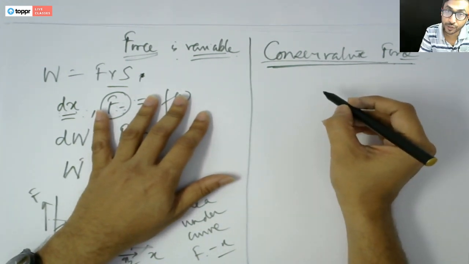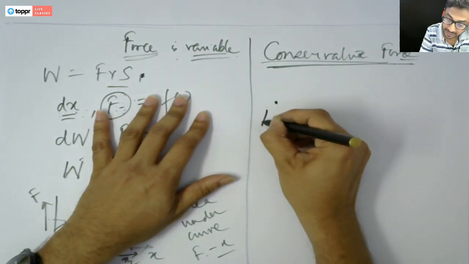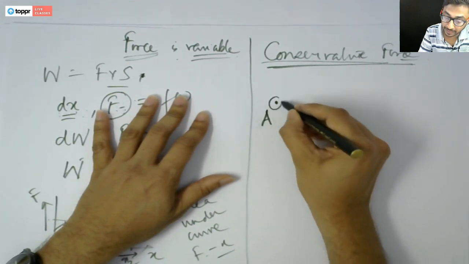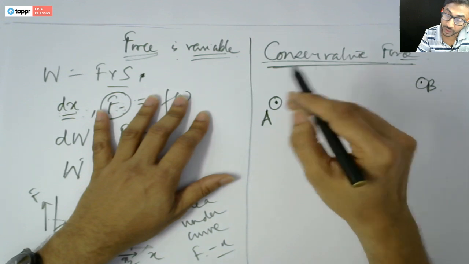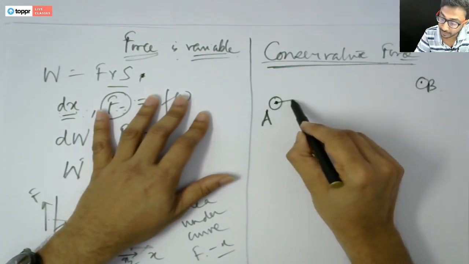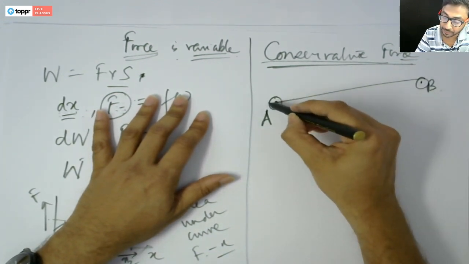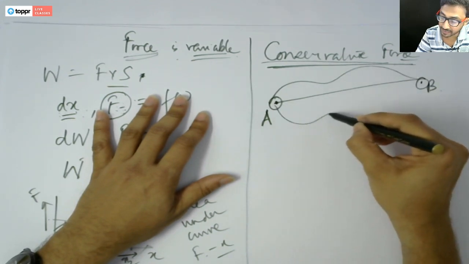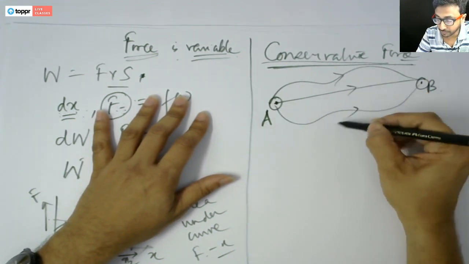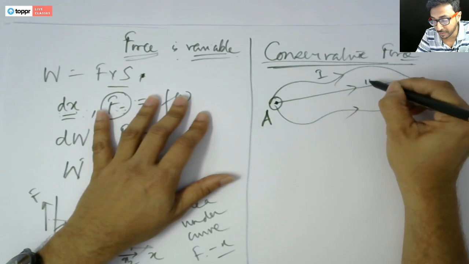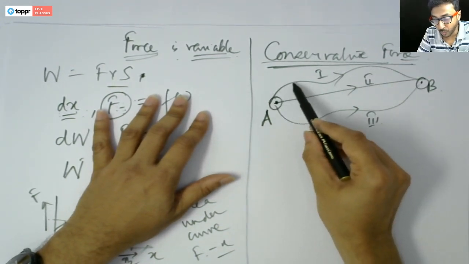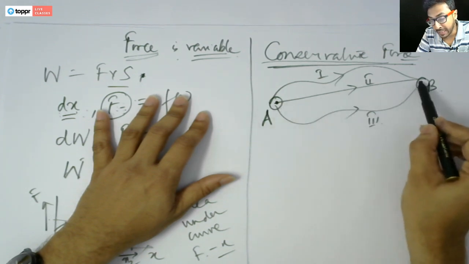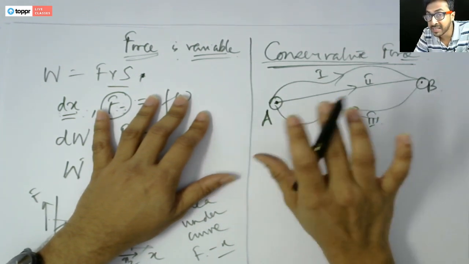In conservative forces, say there's a point A and a point B. We are taking a body from point A to B in several different paths. This is path 1, this is path 2, this is path 3. We will see the work done in any path remains the same.